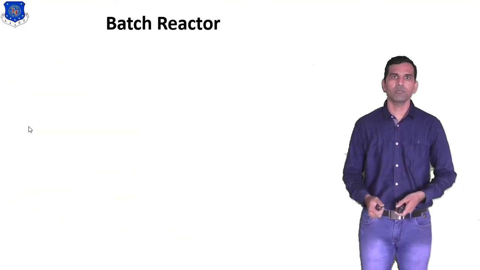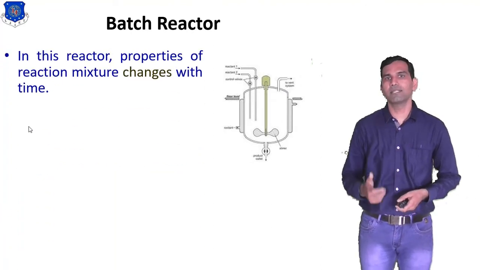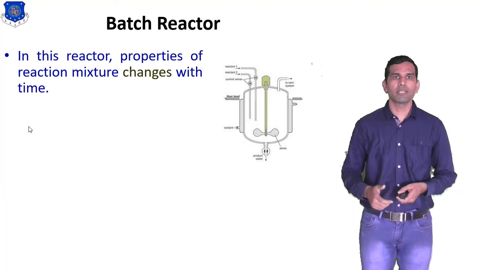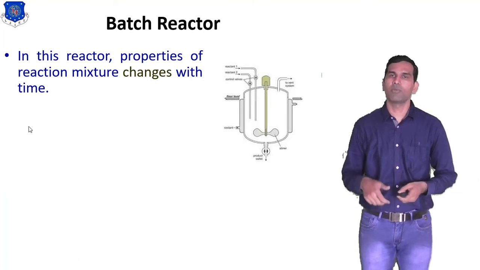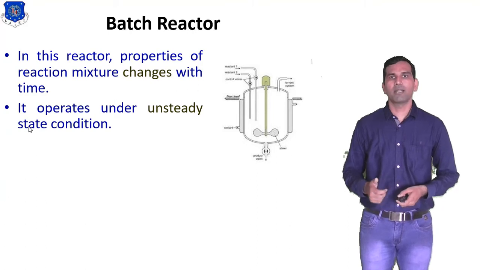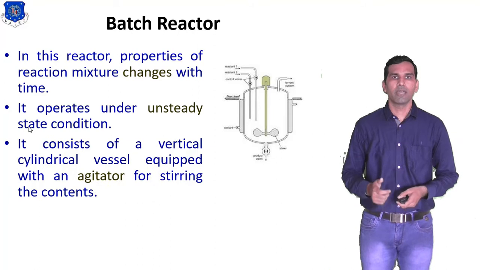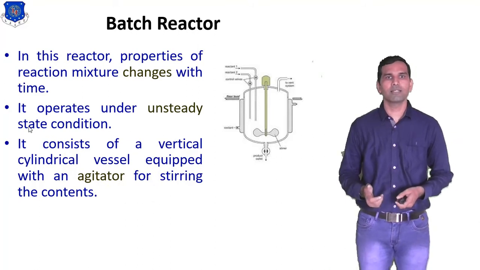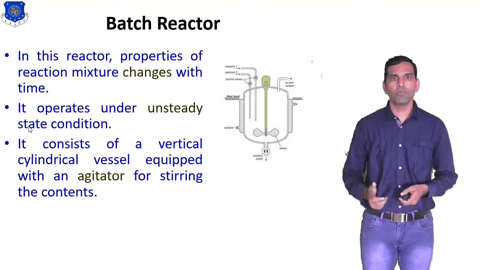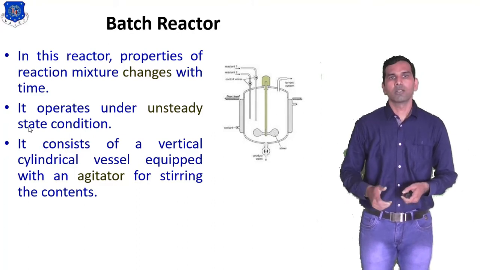Now we also see more about the batch reactor. In this reactor, properties of the reaction mixture change with time, and it operates under unsteady state condition. It consists of a vertical cylindrical vessel equipped with an agitator for stirring the contents.